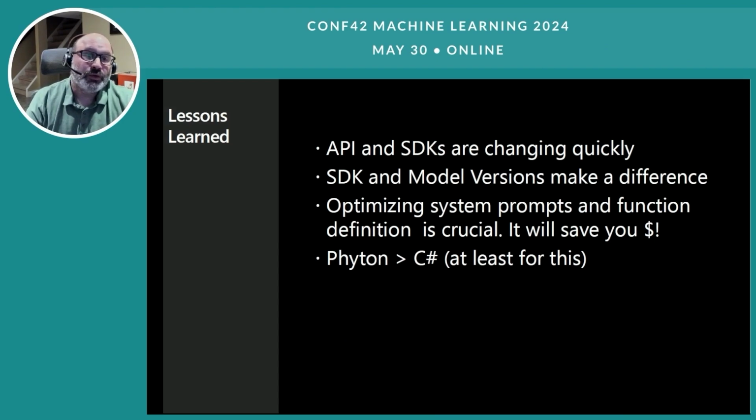A few lessons learned when I was working on these demos and this talk. APIs and SDKs are changing very, very quickly. So be patient. Your SDK and model versions will make a difference. So if there are things that are not working and you're wondering why, just look at that. Optimizing system prompts and function definition is crucial, and also it will save you money.